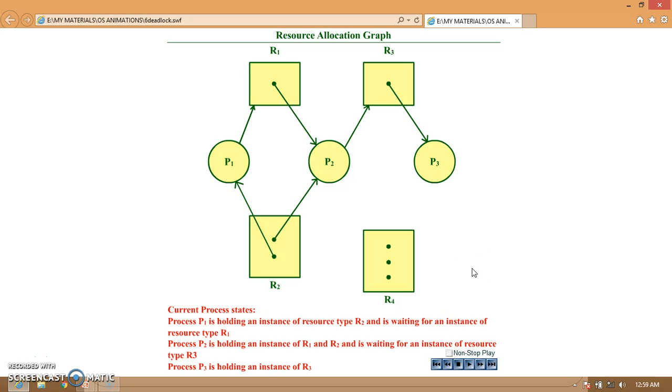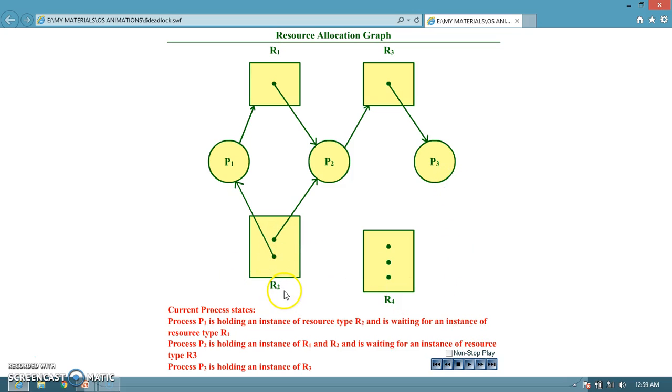Now this is the current status of the resource allocation graph. Process P1 and process P2 are waiting for resource R1 and R3, whereas resource R1 and R3 are being accessed by process P2 and P3 respectively.